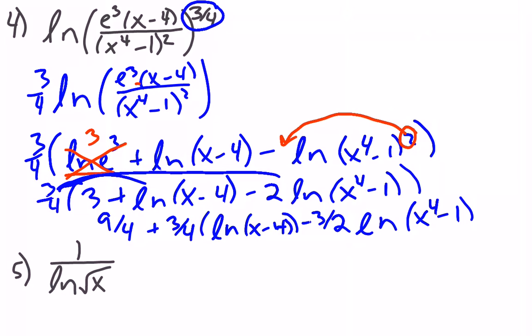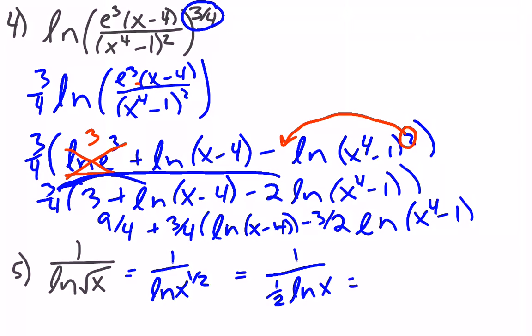And this last one, don't forget that the square root is the same thing as being to the 1/2 power. So I'm going to bring that to the front. 1 over 1/2 natural log x, and we don't really like to have fractions in a denominator, and when I multiply by that reciprocal, I'm going to get 2 over natural log x.